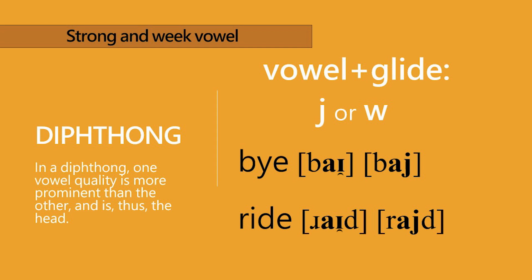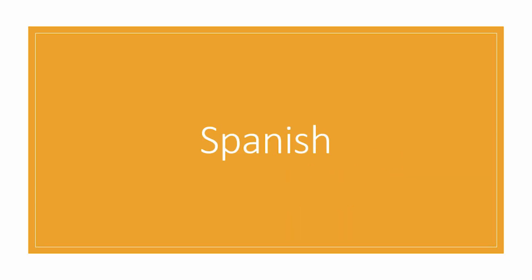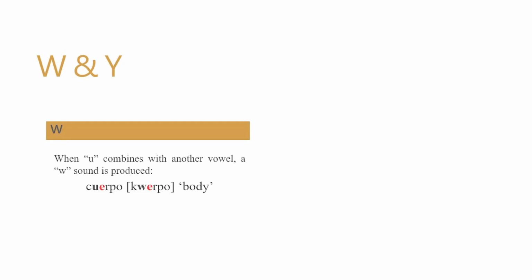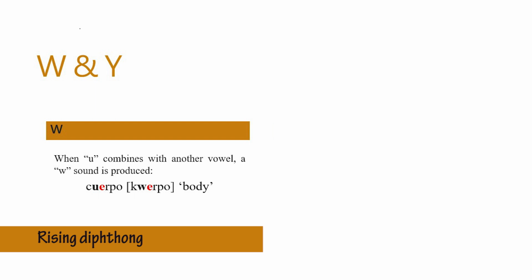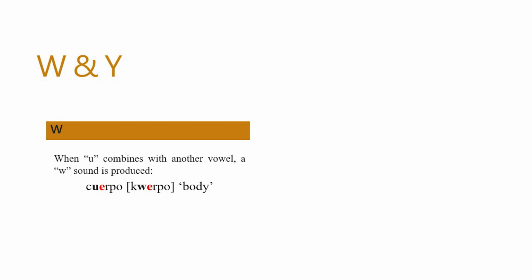But again, I'm going to take the discussion to Spanish. In Spanish, the word for body is pronounced "cuerpo". Cuerpo is to be seen as a diphthong, but it's a rising diphthong. It starts with a glide and it rises to the head of the diphthong.